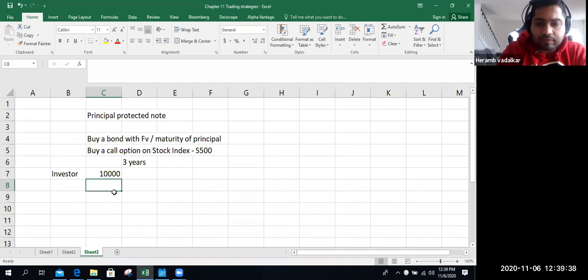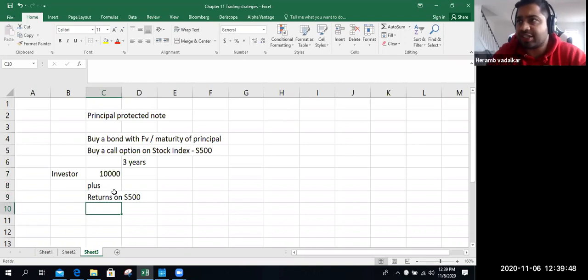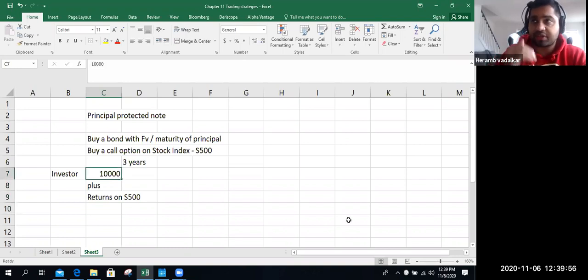Plus, I get some returns on S&P 500. So if S&P 500 goes up, I make some money. If it goes down, I don't lose money because my principal is protected. But if it goes up, I make money. So how does the profit and loss chart work?